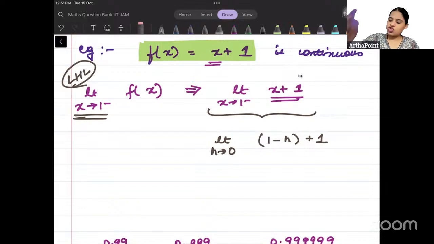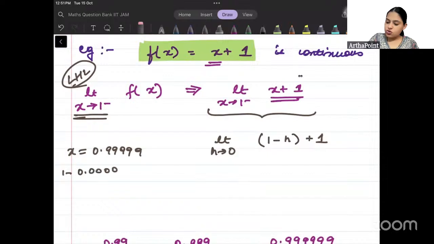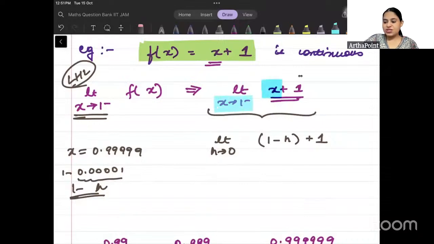h is very small. Like, if I would have taken x to be 0.99999, it is nothing but 1 minus 0.00001, something like this. So this h is very small, 1 minus h. Right? So what some books will do is that this x will be replaced, because x is going towards 1 minus.